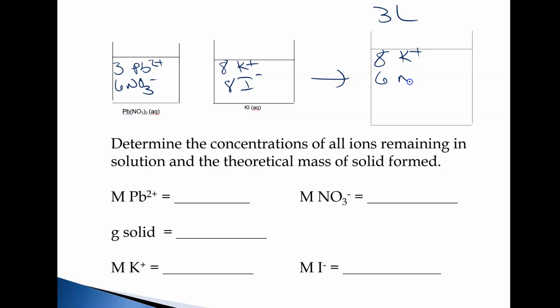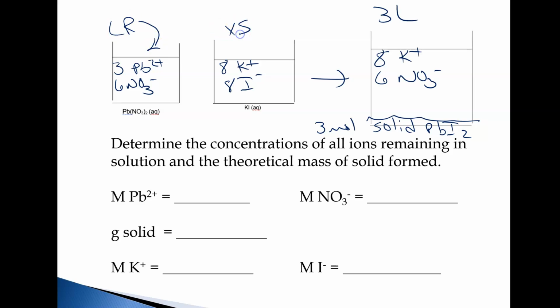I still had the 6 NO3 floating around. Down at the bottom, I had solid PbI2, and I had 3 moles of it based on my previous limiting reactant problem. So my limiting reactant was the Pb. That means this guy is excess.